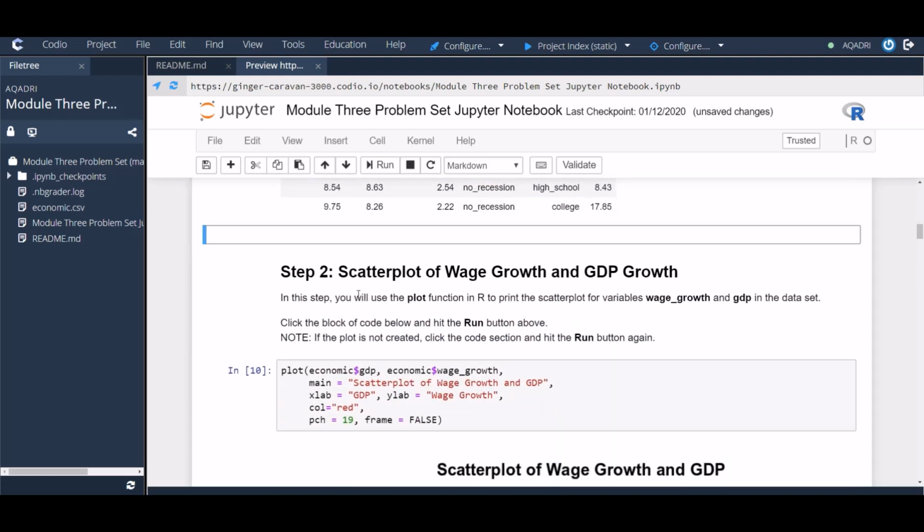So in step two, we have to do a scatter plot of wage growth and GDP growth. As the GDP grows, there are more and more opportunities for the labor force, for people to find jobs. And when people find jobs, you expect that there will be fewer people who don't have jobs.